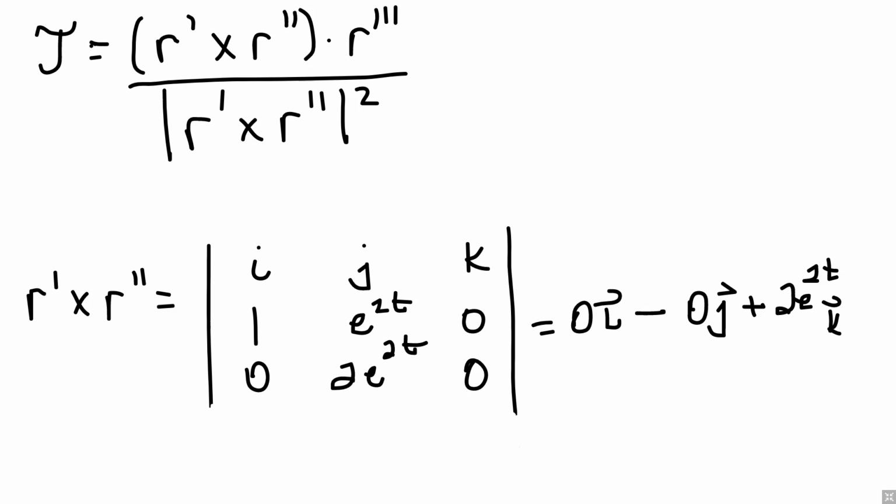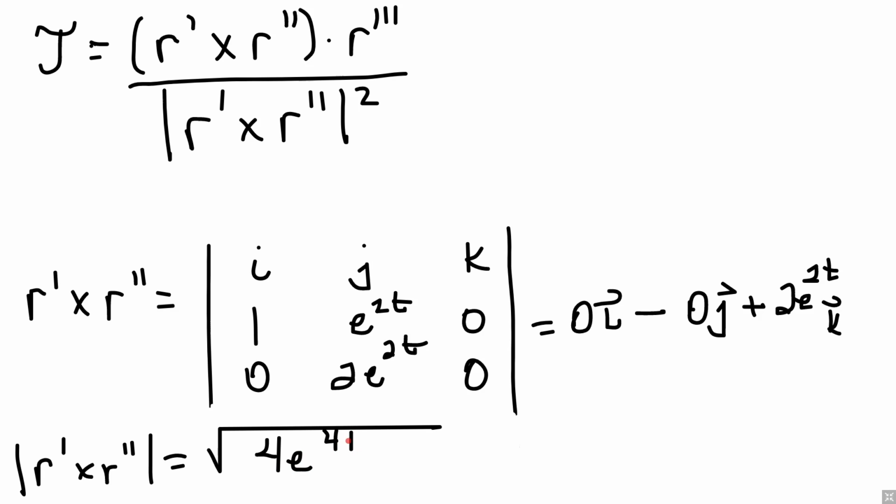Since we're here, we'll go ahead and find the magnitude of r prime cross r double prime. It's going to be the square root of 4e to the 4t, which is just going to give us 2e to the 2t.